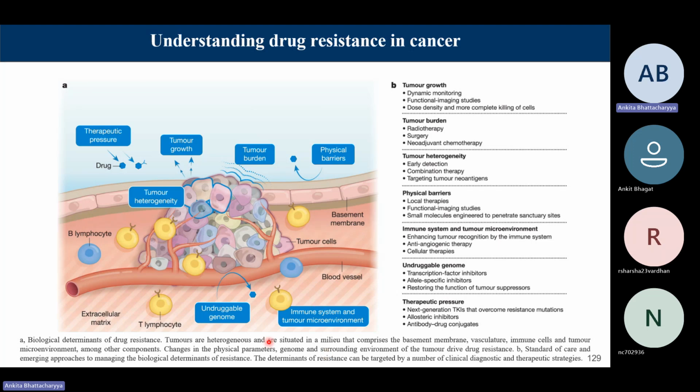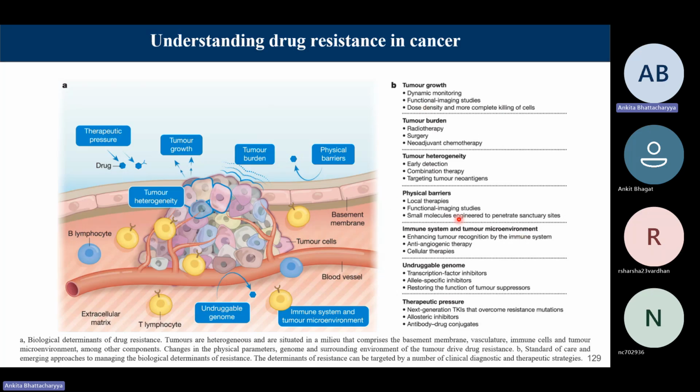Or it might have reprogrammed the surrounding immune system, which now supports its growth. Like you can see, it is surrounding the tumor and helping its growth instead of compromising the same. Or it might be some sort of a mutation or some sort of a change which is not druggable, and therefore the drug is not able to tackle this problem at all. So these are some of the common biological determinants of drug resistance.